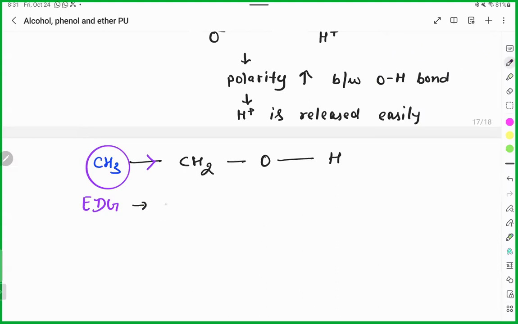Electron donating group will increase electron density on oxygen, and when electron density on oxygen is increased, then polarity between the OH bond will decrease, and it means H positive ion will not be released easily.